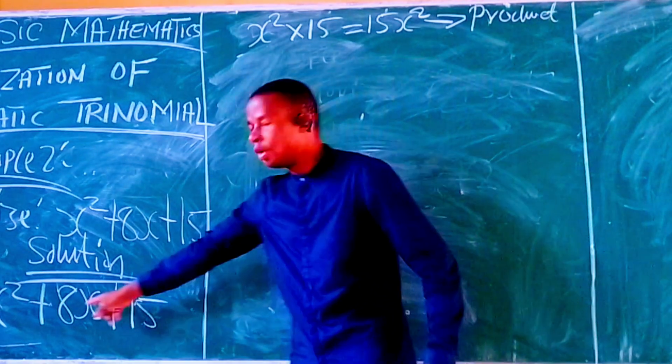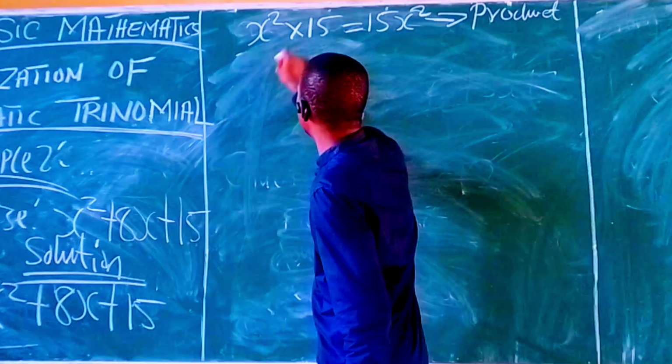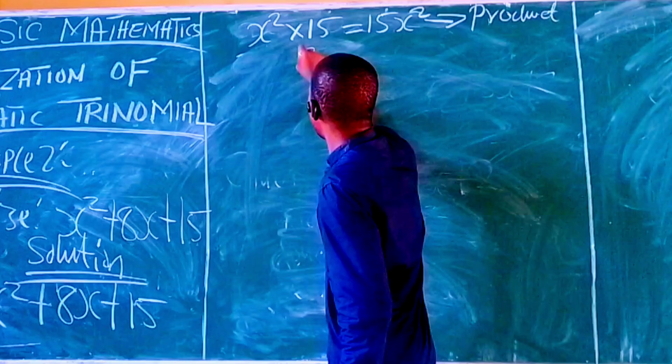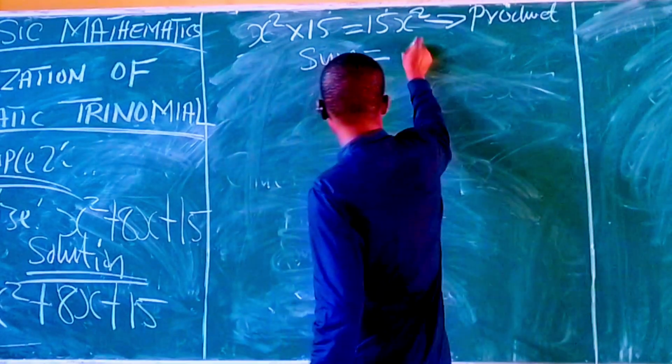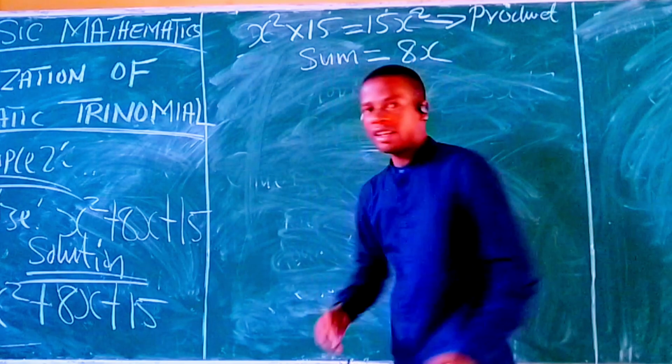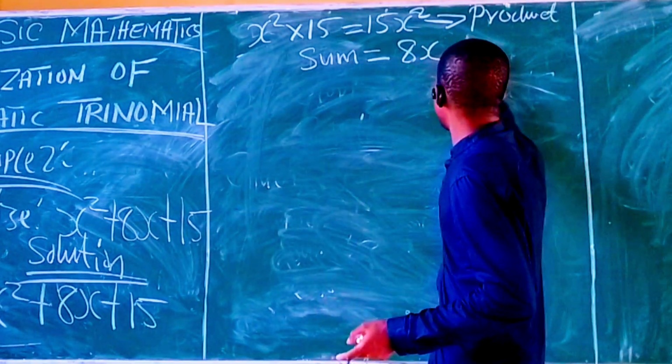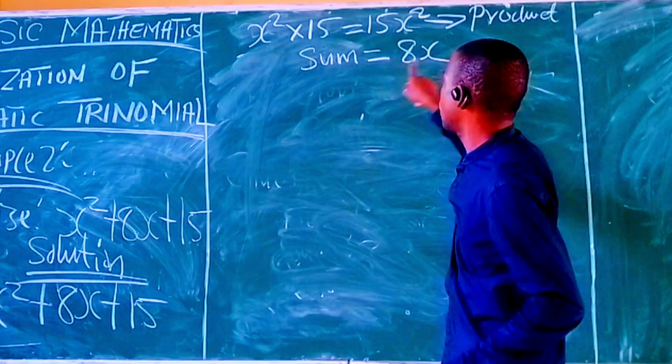Now our sum is the middle one. Our sum is equal to 8x. Now since we have identified our product, 15x squared, and our sum, 8x.